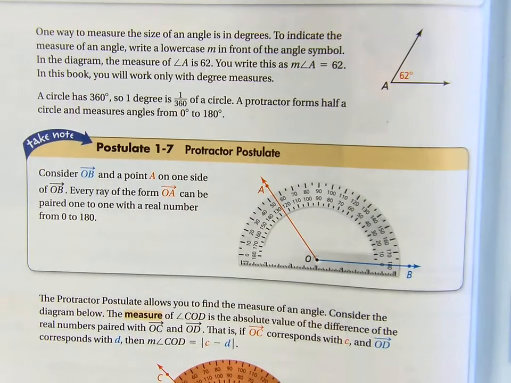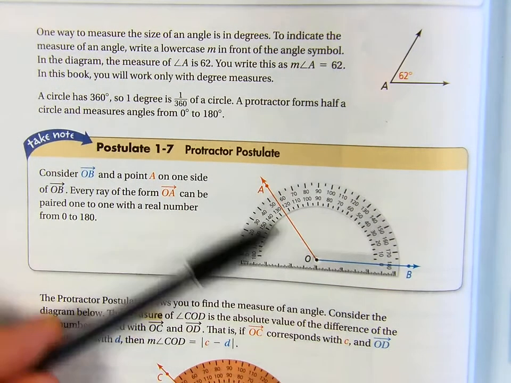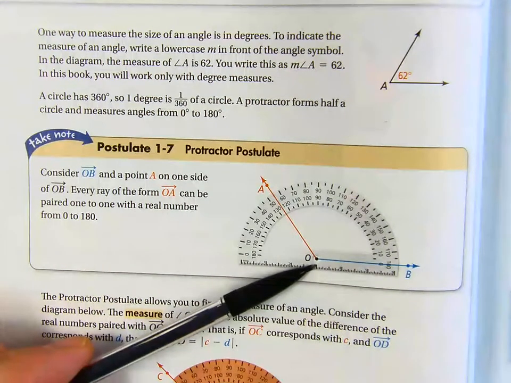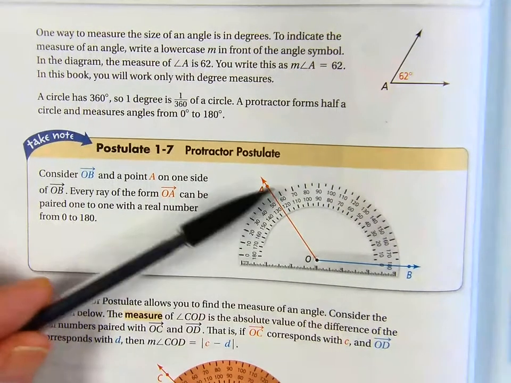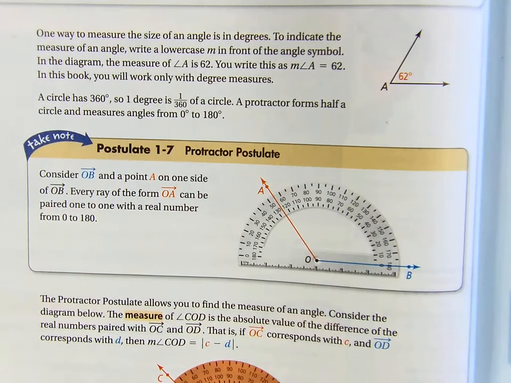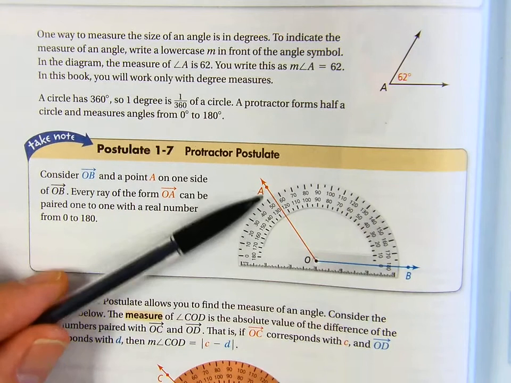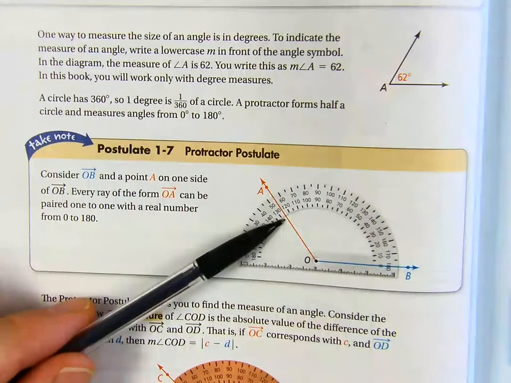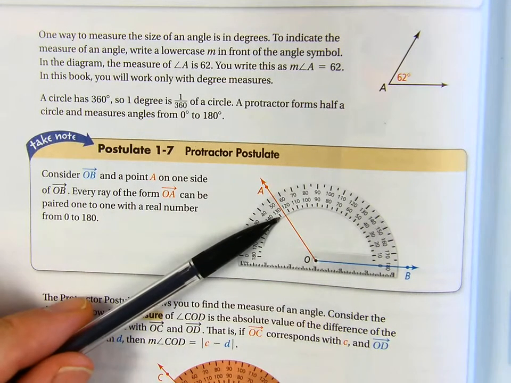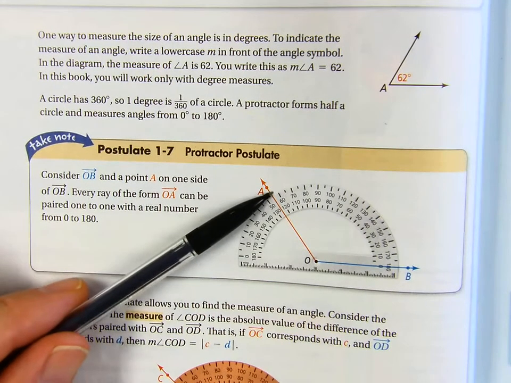On one side of it, every ray of the form OA, going from the endpoint of this ray to wherever that point A is, can be paired one to one with real numbers from 0 to 180. So where A is, when we draw that ray from O to A, it looks like it's paired with a number between 120 and 130, which would be 125, or a number between 50 and 60.